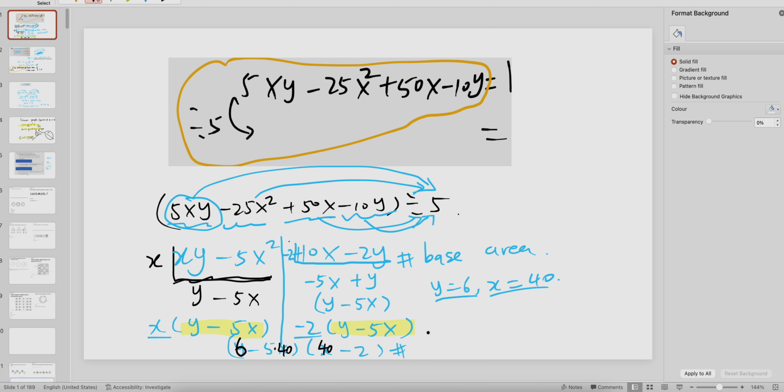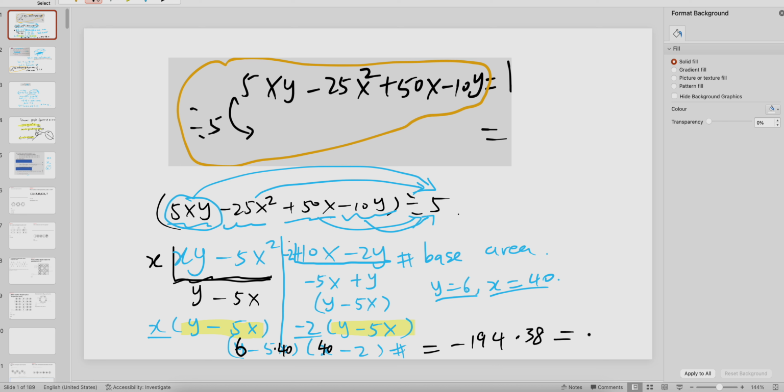Can you help me out with the calculator? So what's the answer? The first one is 240, cannot be, it should be negative. So 6 minus 5 times 40 is negative 194, then the second bracket is 38.